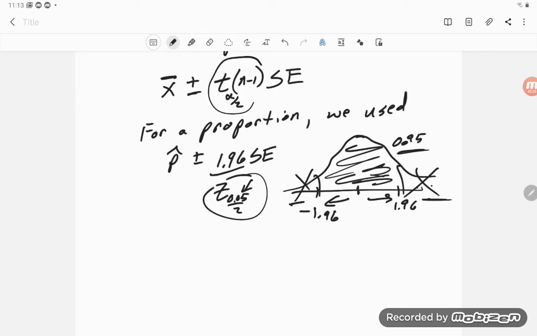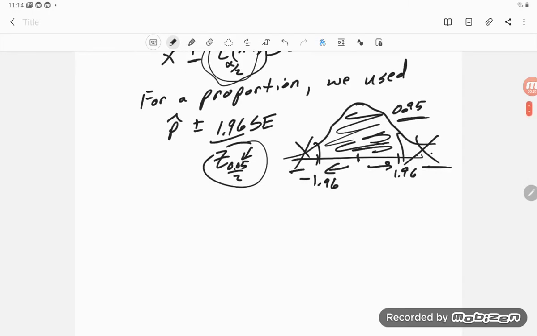So what's different here? Well, it's this t now, and it's now t alpha over 2, and typically we're going to use 0.05, so it would be a lot like that 1.96.